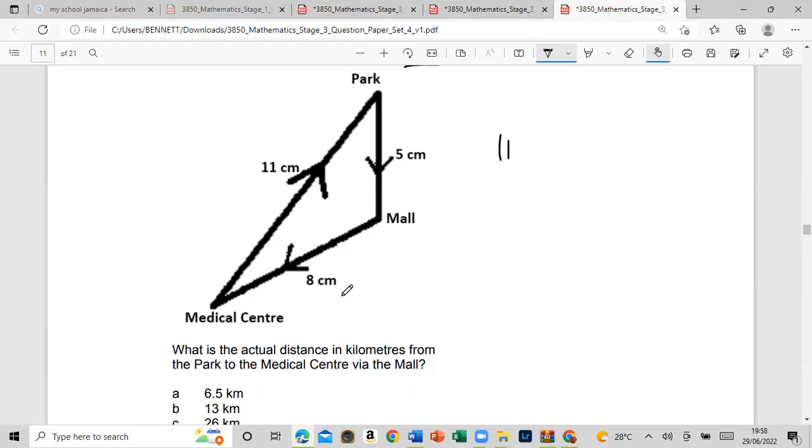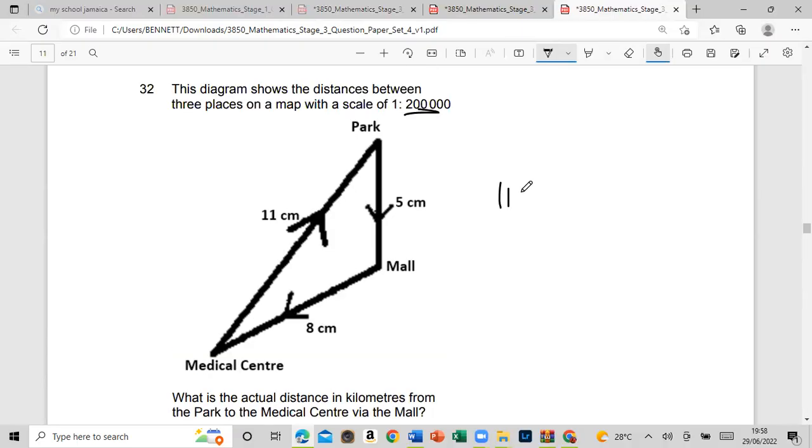Park to medical 11. See the ratio again, 200. We times it by 100 instead. And then we double it. So this now, 11, so everything is 220 rather. Alright. So good.